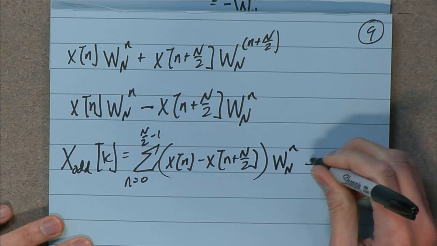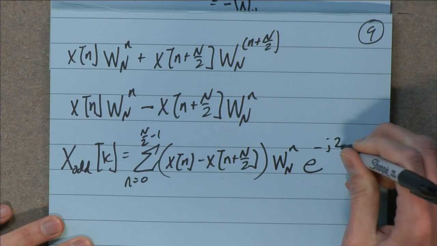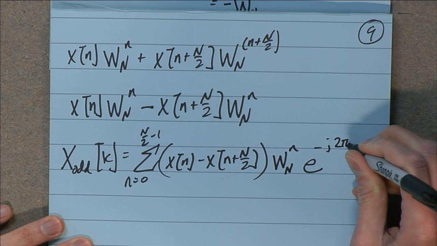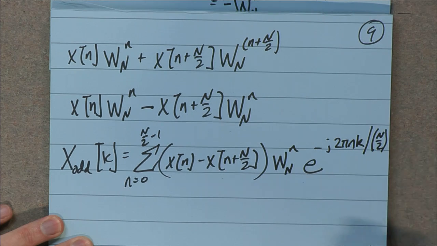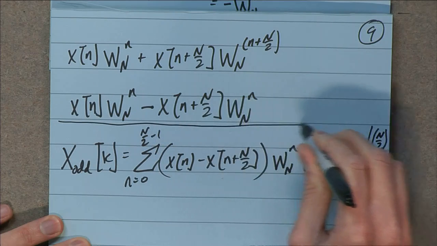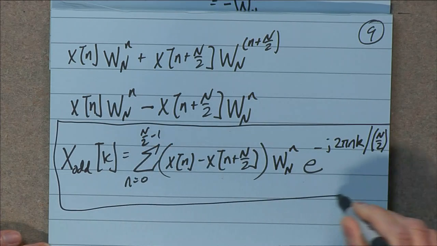And now we have to take the DFT, so that's e to the minus j 2 pi nk all over N over 2. And that gets us the odd parts.